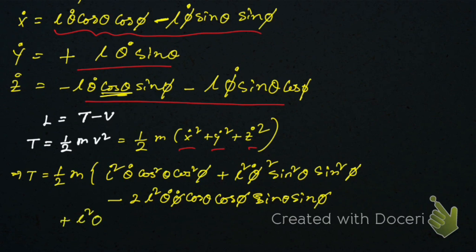L square theta dot, again if you square this one, L square theta dot square sin square theta you will get.